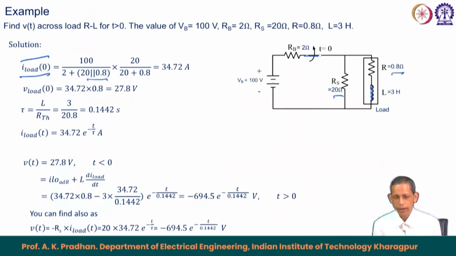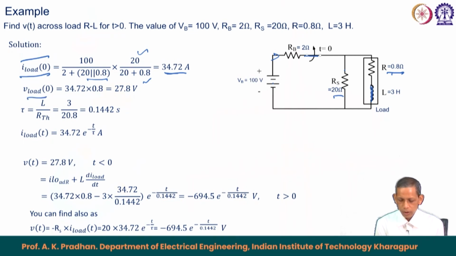In the 0.8 ohm branch the current will be 20 divided by 20 plus 0.8 of that. So, we got the corresponding current to be 34.72 ampere, using the series parallel combination. This is when the inductor is shorted at t equals 0.